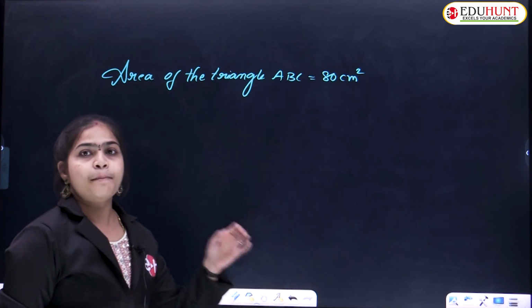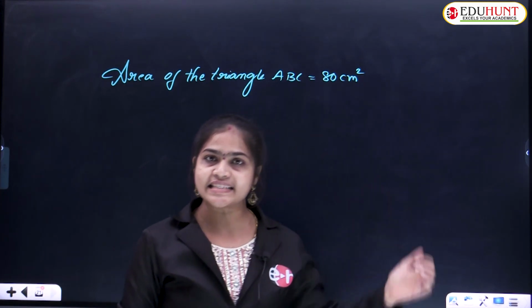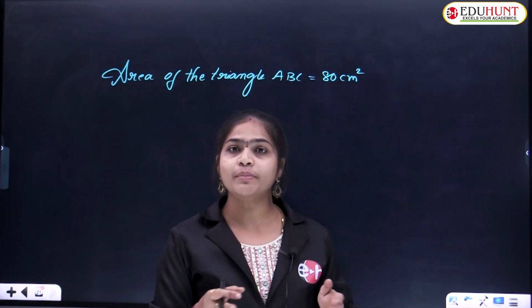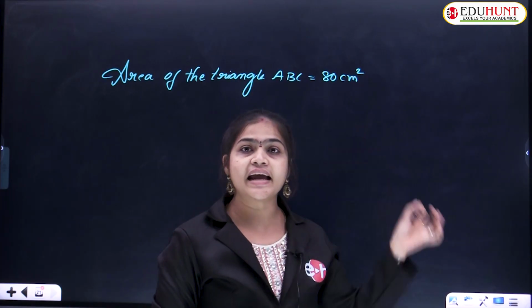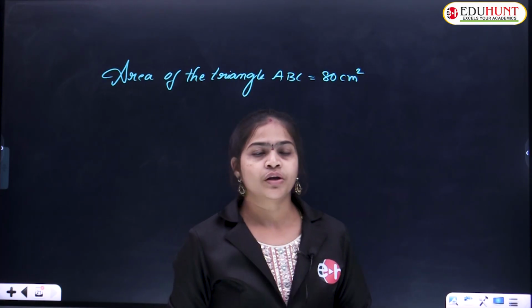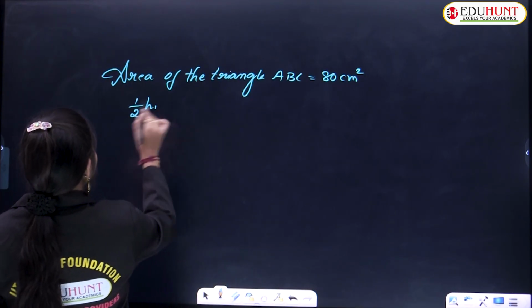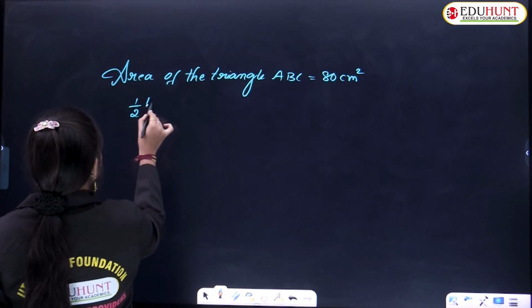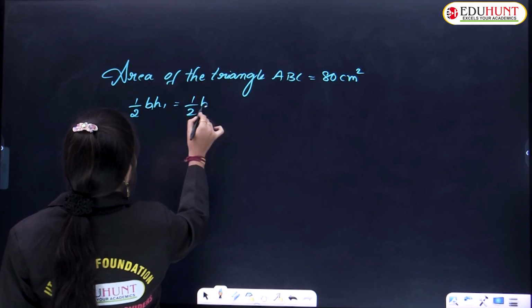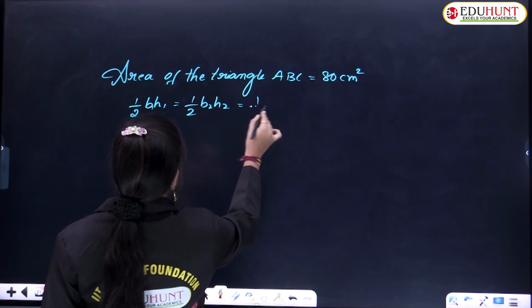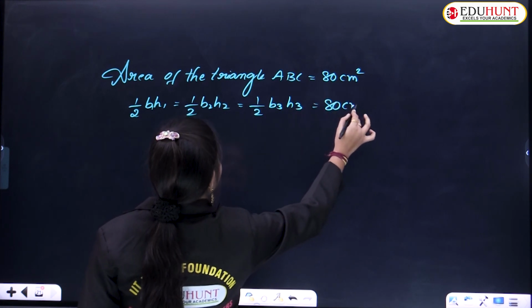Children, see that by taking H1 as the height, or H2 as the height, or H3 as the height, whatever you take as the height, the area of the given triangle is the same. Yes or no? Half base 1 into H1 is equal to half base 2 into H2, and in the same way half base 3 into H3, which is equal to 80 centimeters square.